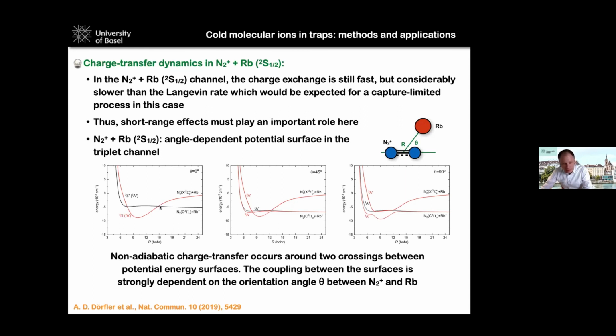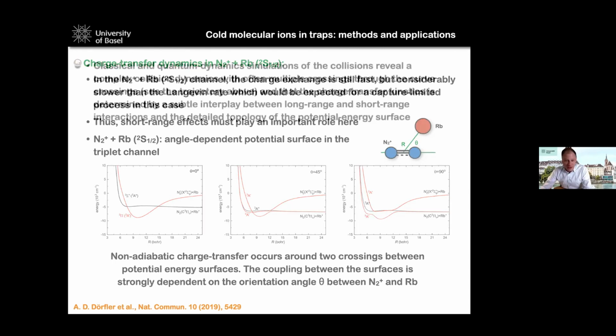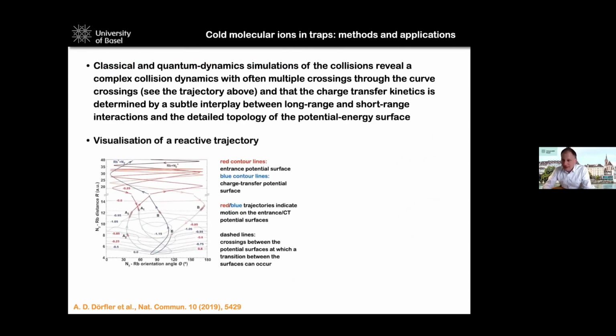And only if they find themselves at the crossing on the black curve on an outgoing trajectory, then they can undergo a real charge transfer, right? And the probability for this is not 100%, and therefore we in the end observe a rate constant that is lower than Langevin. Okay, so this means that in these molecular systems, short-range effects also become very important then.